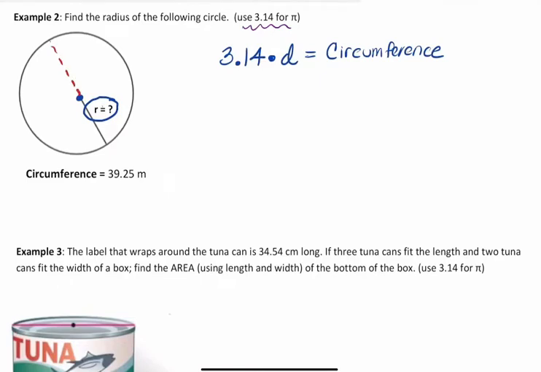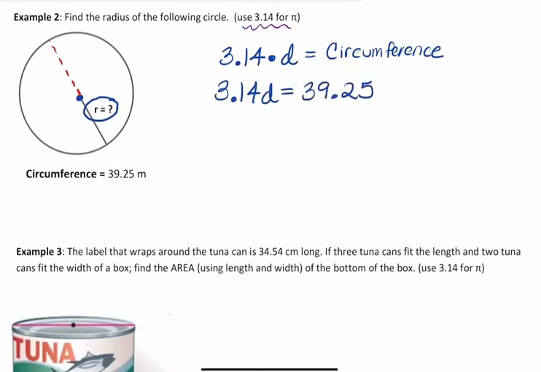The diameter is going to be double that of the radius. So whatever we get for the radius, let's say this is 8, well, this is also 8, which makes it 16 all the way across in the diameter. We're still going to use that formula: 3.14 times diameter equals circumference. So let's fill this out: 3.14 D equals 39.25.